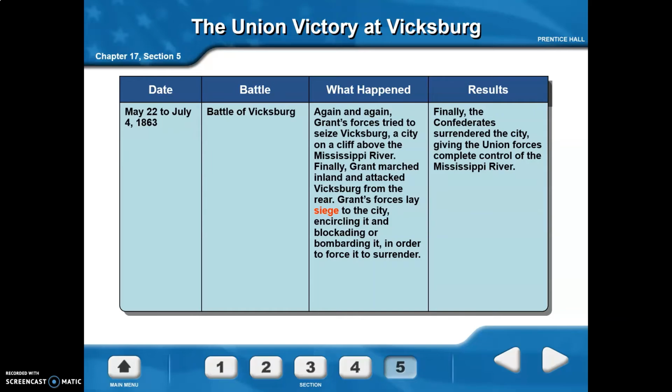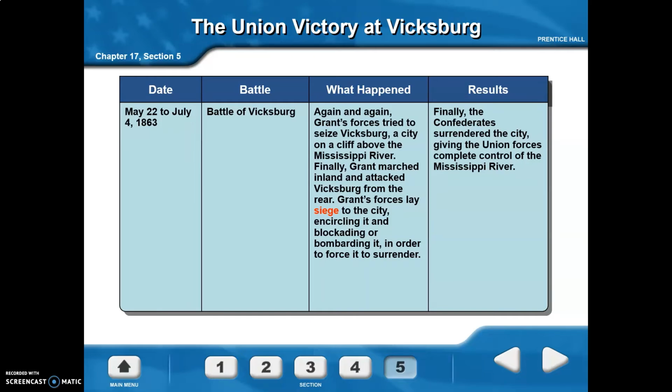They cut off food supplies to them, pretty much to starve them out. And they lay siege to the city, they encircle it, they blockade it, and they bombard it. Their goal is for the Confederate soldiers in Vicksburg to surrender so they can take control.